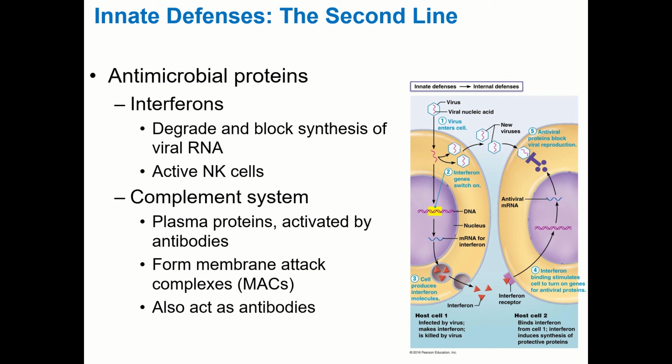And so what the reception of that interferon does is help the neighbor cell block the reproduction of the RNA of that virus. So if that virus happens to get inside of the neighbor cell, it's able to block replication of that virus's RNA, making it harder for that virus to make a bunch of copies of itself. So basically, the name interferon comes from their ability to interfere with the reproduction of viral RNA.